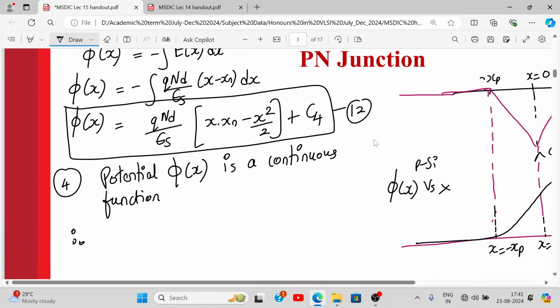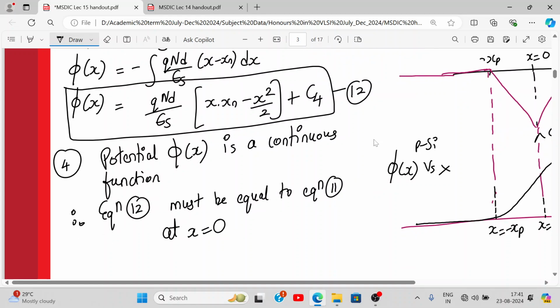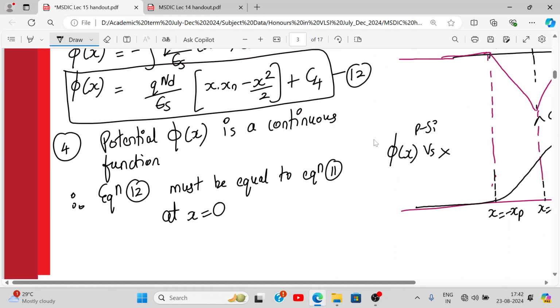So write down, equation number 12 must be equal to equation 11 at x equal to 0. Yes or no? So what should be C4 directly?